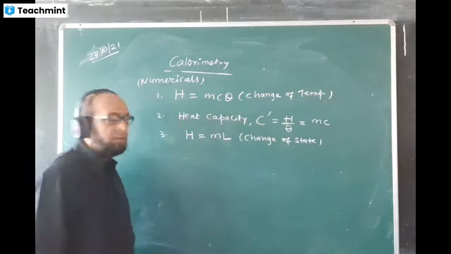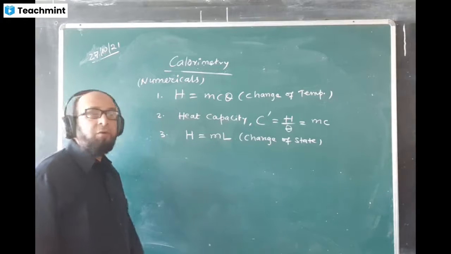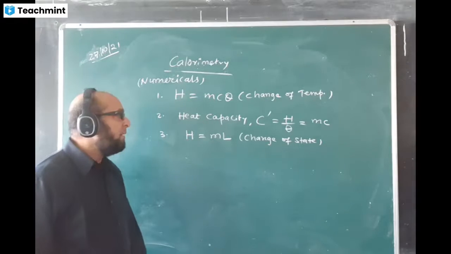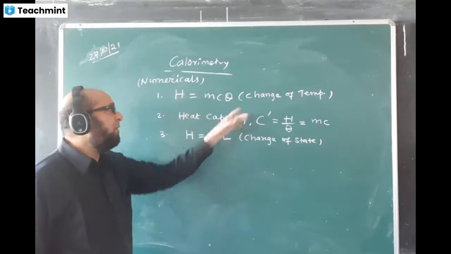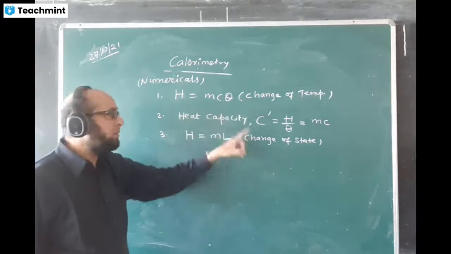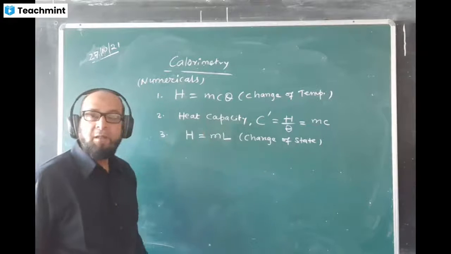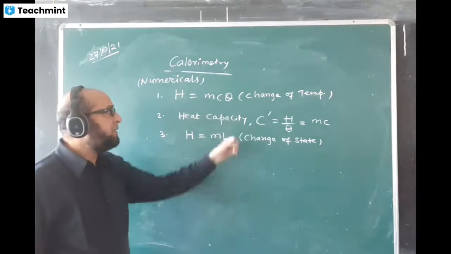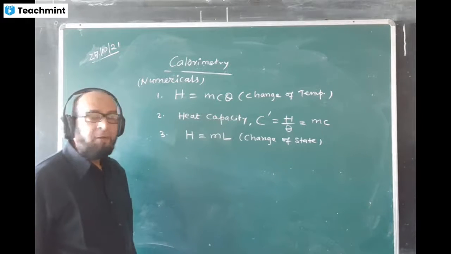When you heat a substance, you can see only two things: either change of temperature or change of state will take place. Both do not take place simultaneously. It will be one of them at a time.